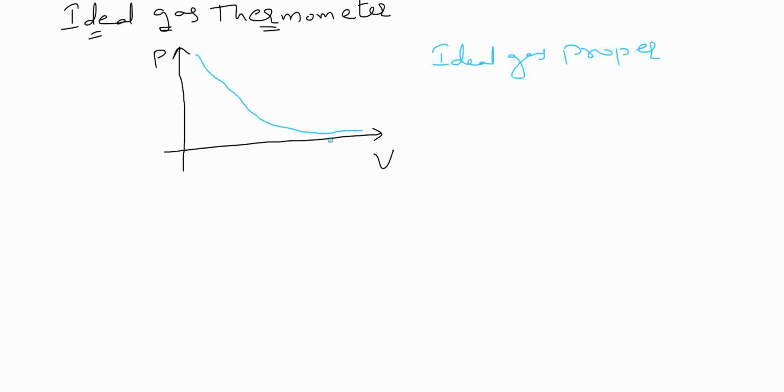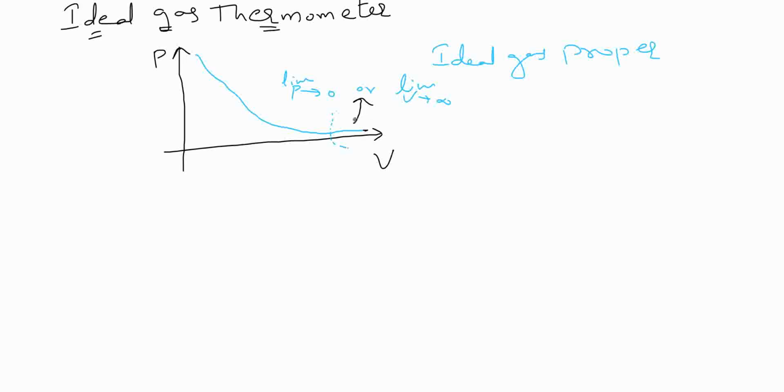At a very small pressure, it happens to be like this. That is, limit P tends to 0 or limit volume tends to infinity. That happens in this region hereafter. So this region corresponds to this, so it just stays like this.